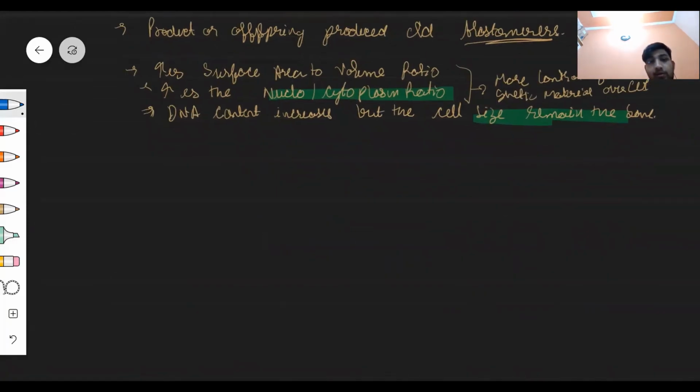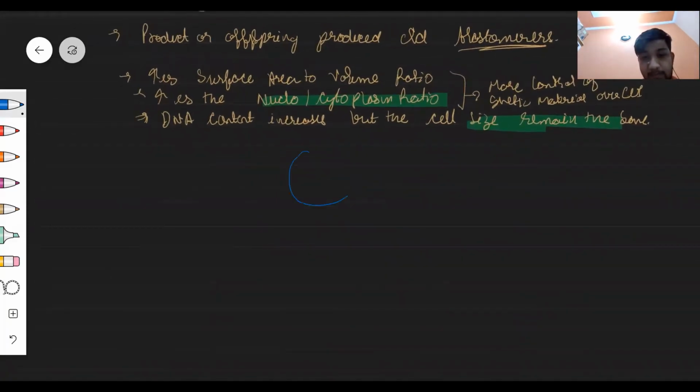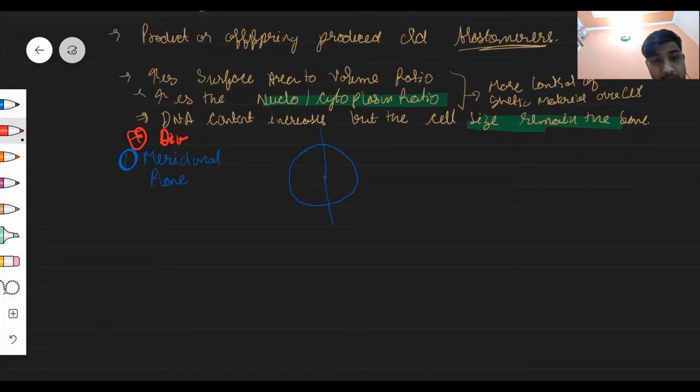And what are the planes of the division? Like it is a zygote. It can be divided in this manner perfectly, and it is known as the meridional plane, which is exactly half vertically.